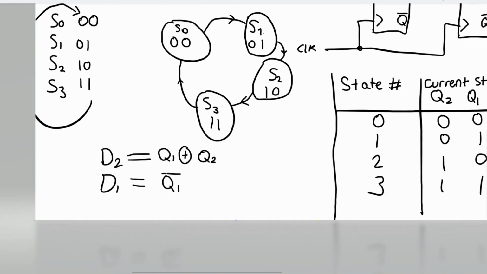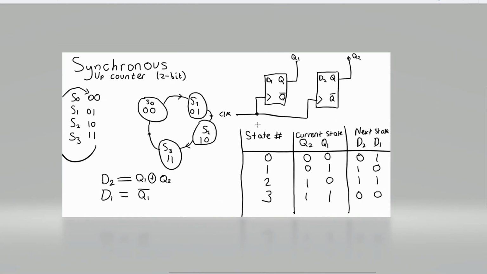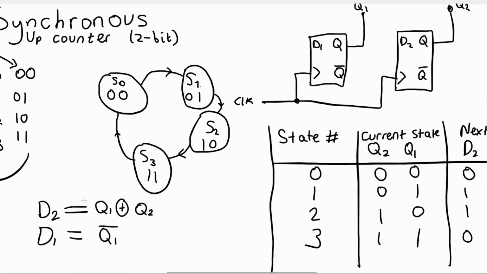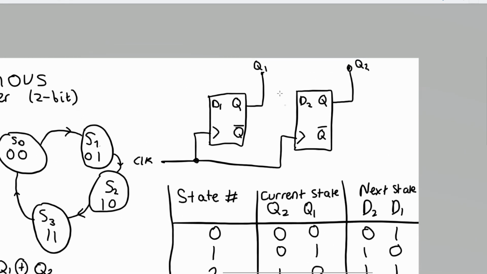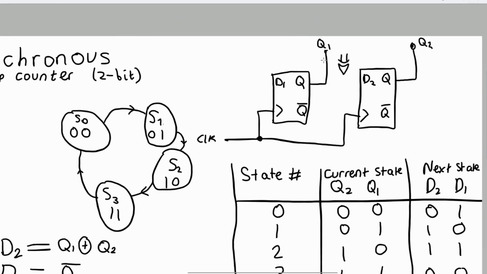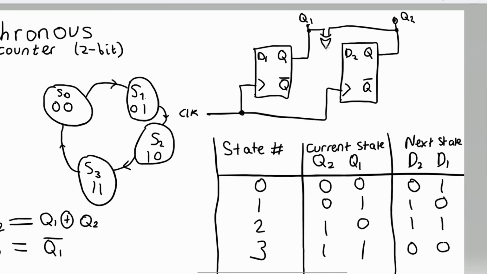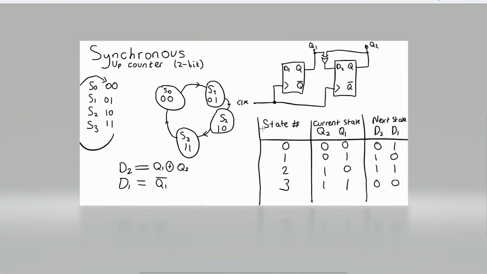So now we have our Boolean logic. We can draw that on the circuit. D2 is going to be Q1 XOR Q2. So let's just draw an XOR gate here. Apologies for my bad drawing. It's going to be Q1, so we're going to connect it to Q1, and Q2, XOR Q2, and that feeds into D2.